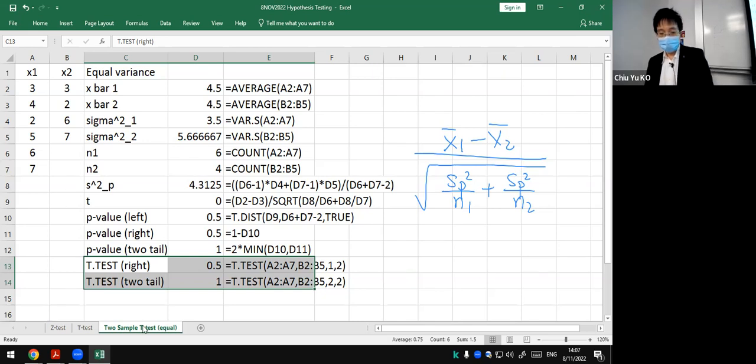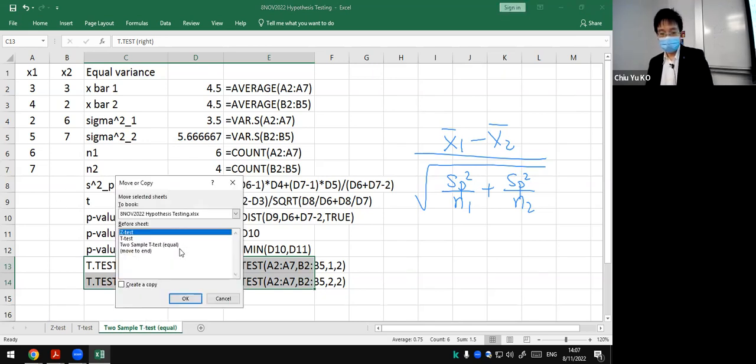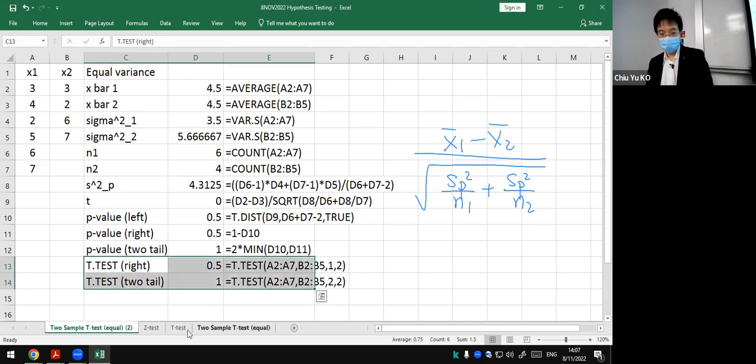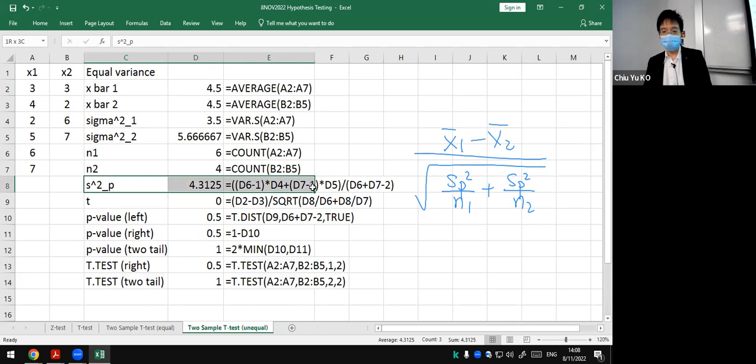So maybe I do the unequal version as well, okay? Unequal version will be complicated, okay? A little bit more complicated, okay? The thing is, we don't need to calculate this guy, okay? This is no longer relevant.